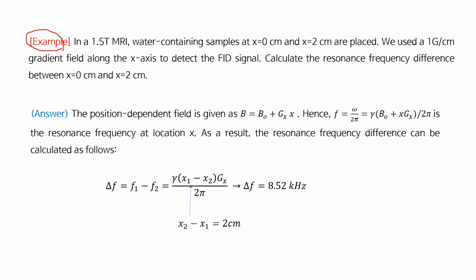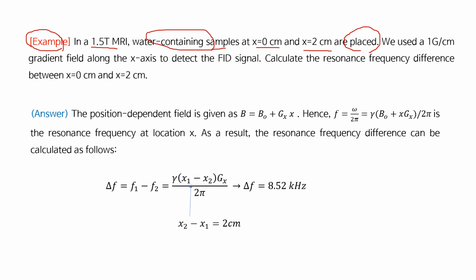In a 1.5 tesla MRI, water containing samples at x equals 0 centimeter and at x equals 2 centimeter are placed. This is similar to Lauterbur's experiment. Lauterbur obtained MR images from water sources located at different positions.